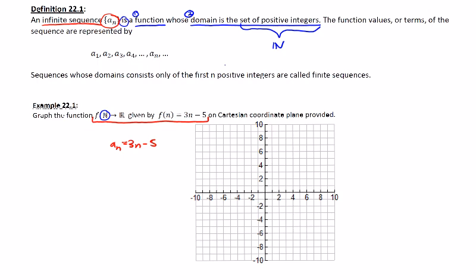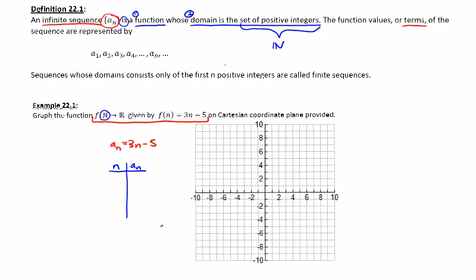So another thing to mention here with this definition, 22.1, it says the function values or terms of the sequence are represented by the a1, a2, a3, a4, and so on. So when it comes to thinking about maybe making a table for something like this, the left column is n still, but the right column I would now say is a sub n.